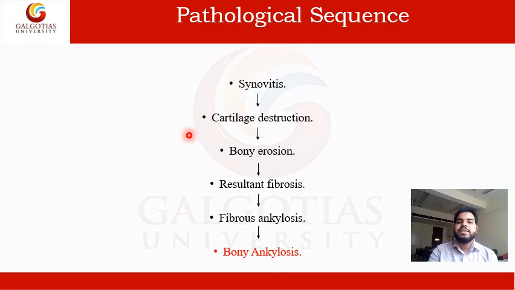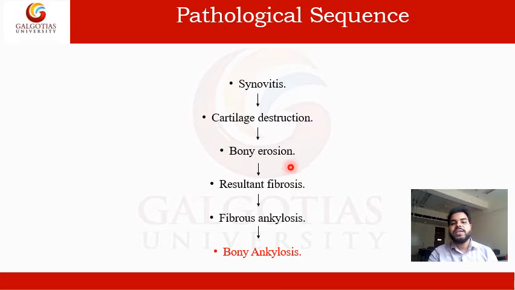What is the pathological sequence? First, synovitis. Synovitis means inflammation of the synovial sheath that covers your synovial joint. After the synovial inflammation, there is destruction of the cartilage.